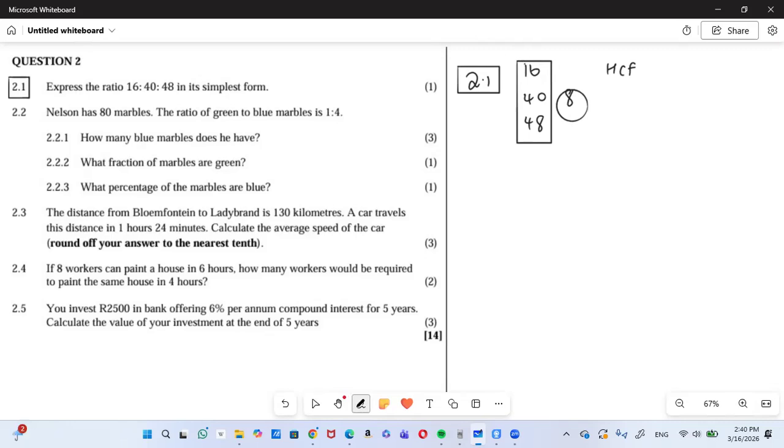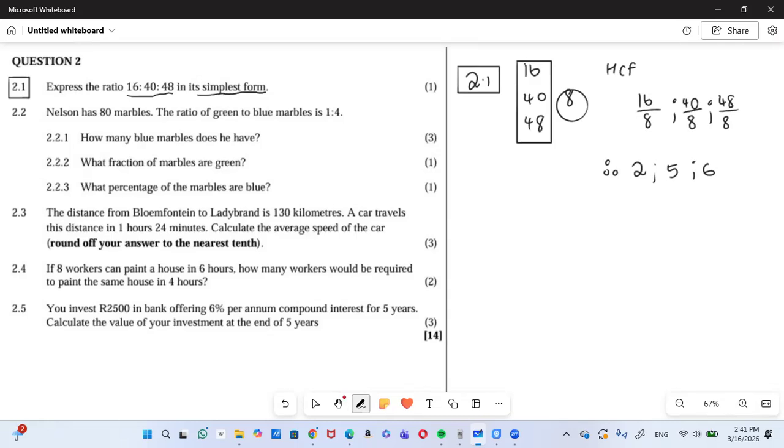So for us to express this ratio in its simplest form, we say 16 divided by 8, and then 40. We divide all of them by the highest common factor, and then you will see that your answer is 2 to 5 to 6.